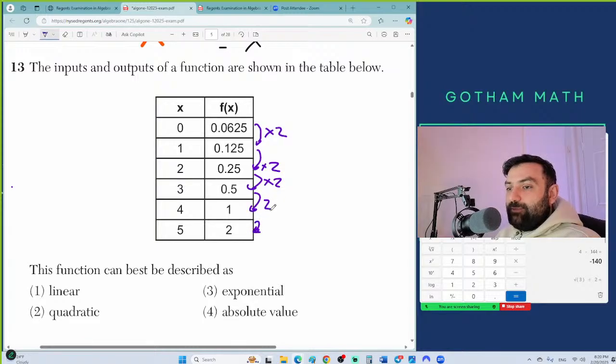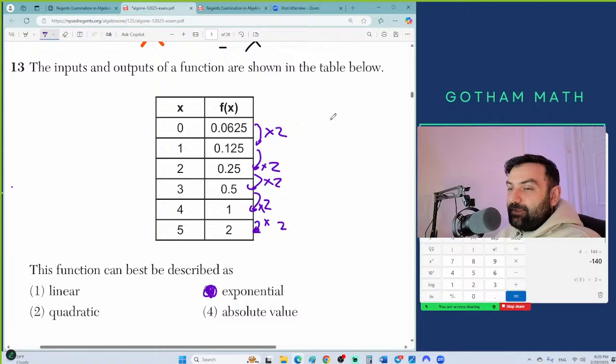So when we have a consistent multiplication in the difference of the output, the function is called exponential. If it would be plus something, like plus 2, plus 2, plus 2, plus 2, plus 2, it's going to be linear.